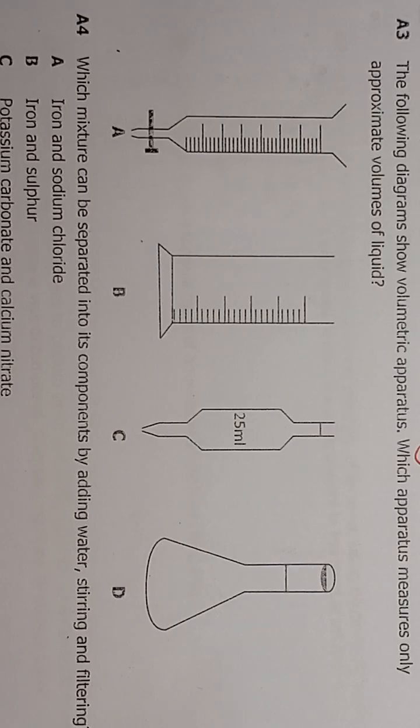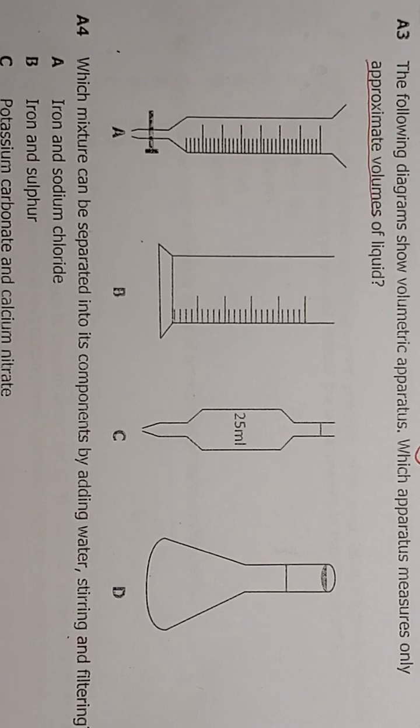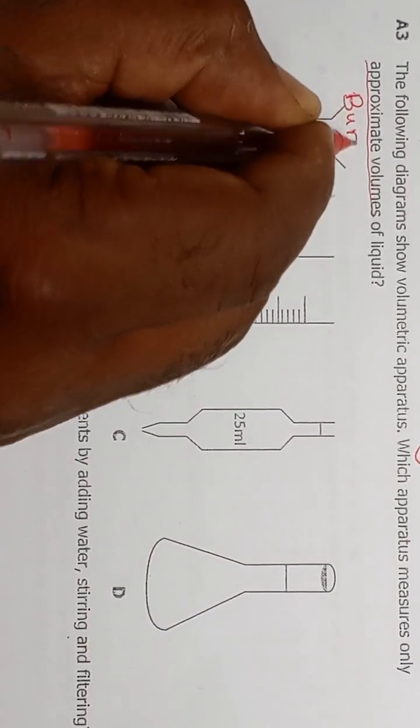Number 3. The following diagrams show volumetric apparatus. Which apparatus measures only approximate volumes of liquid? So we have option A. Option A, this apparatus, it is burette.